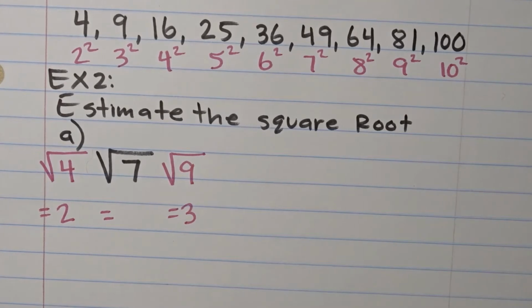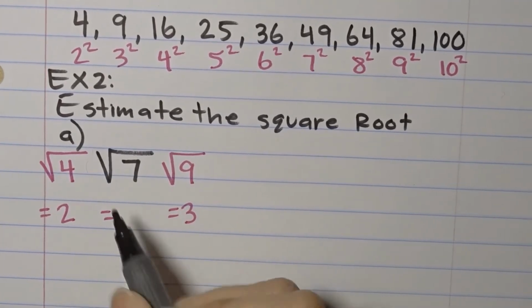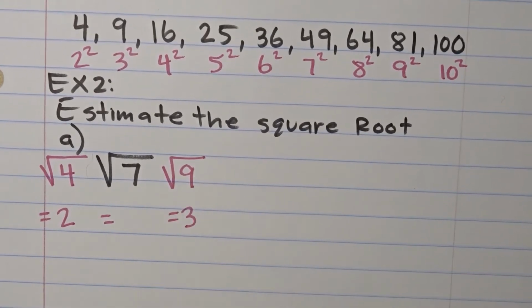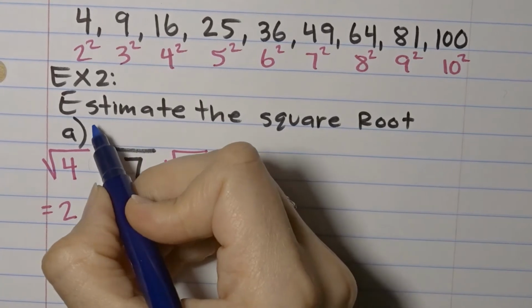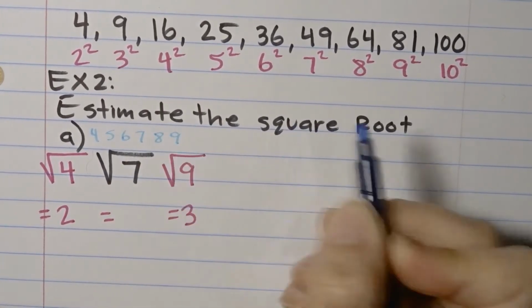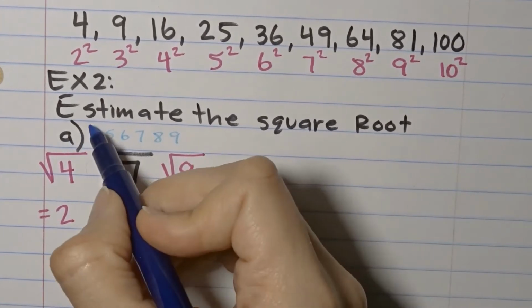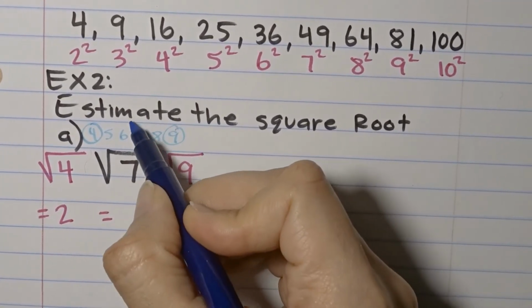Now we also want to keep in mind what is halfway in between 4 and 9. So I'm just going to write some numbers down: 4, 5, 6, 7, 8, 9. 4 is already this one here, 9 would be this one here, and 7 is here.